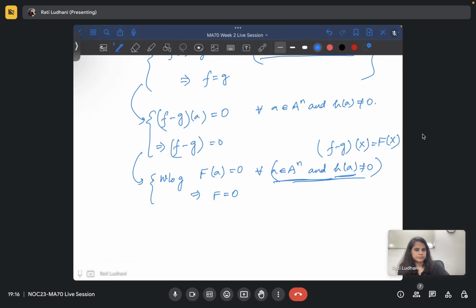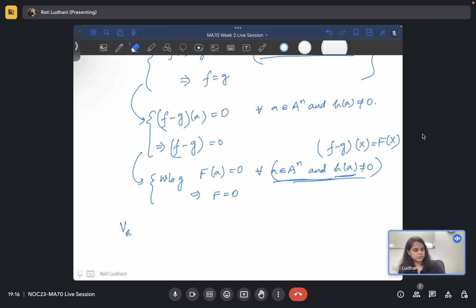It's like a polynomial, the zero set of h, and in the complement it agrees. So if any two polynomials agree on the complement of the zero set of h, then they have to be equal. Yeah, that's exactly the question. So here a is in A^n minus the zero set of h. That is what we know, and h(a) is non-zero.